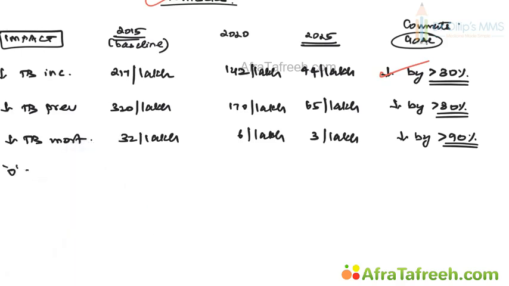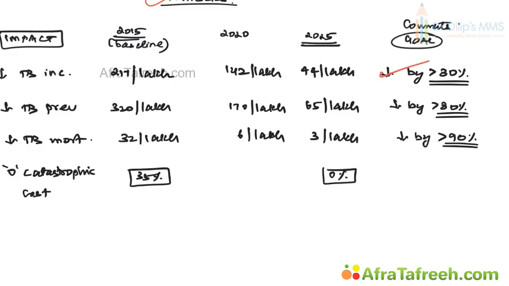Similarly, you have to achieve zero catastrophic cost, which means the poverty due to tuberculosis in a particular family should be zero. That's called zero catastrophic cost for affected families. Right now, in 2015, it is 35%. In 2025, it should be 0%, which means there should not be any poverty.